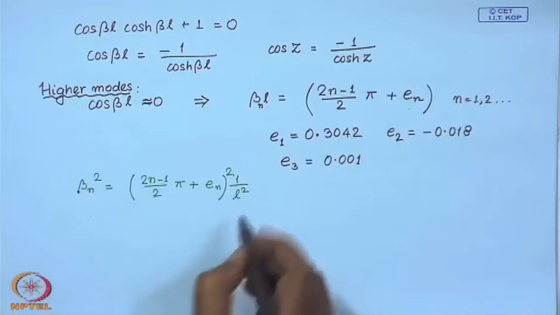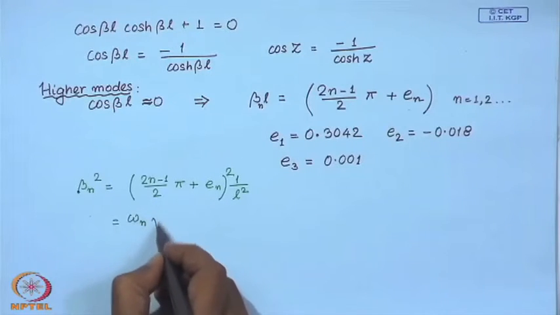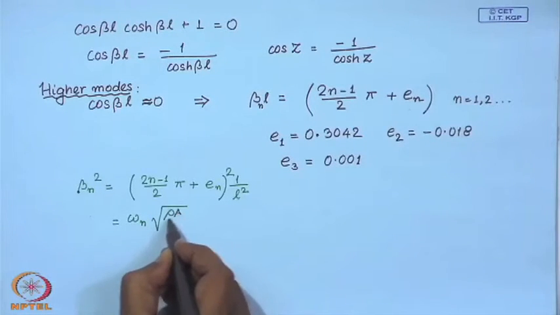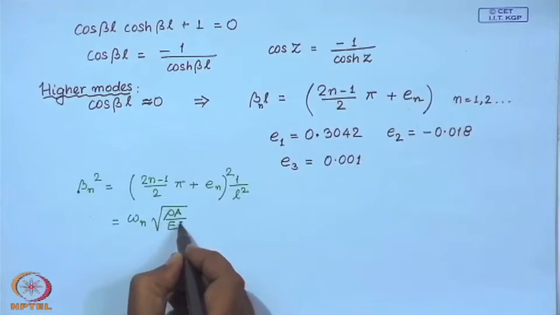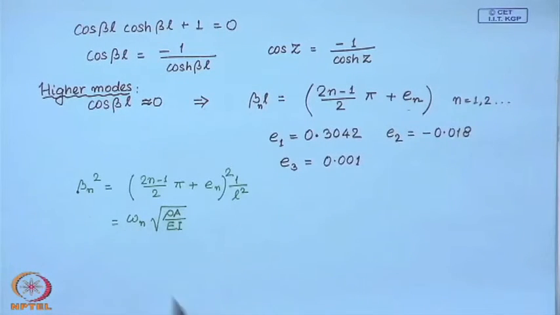So, beta n square is nothing but square root of rho a over E I times omega, times omega n.